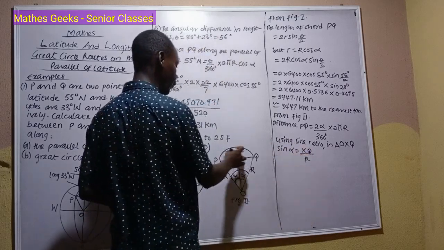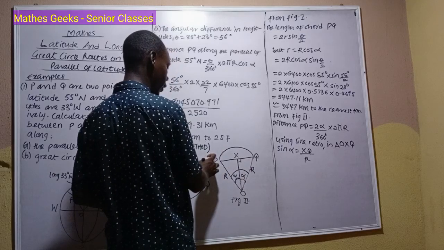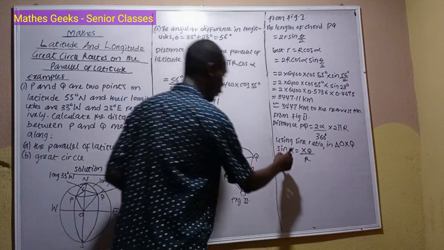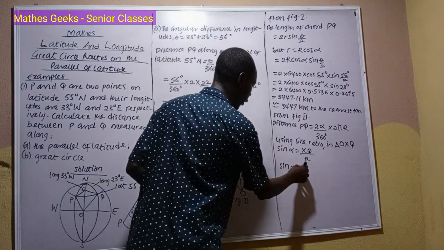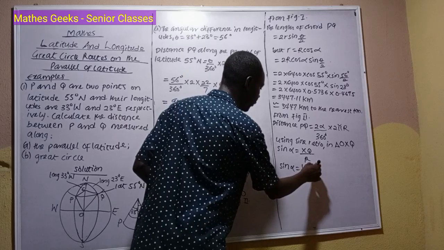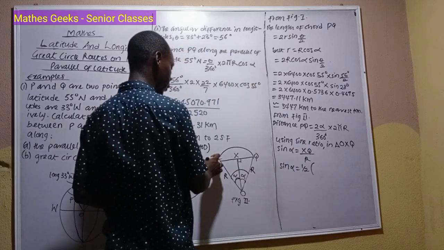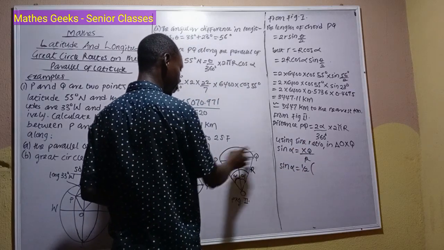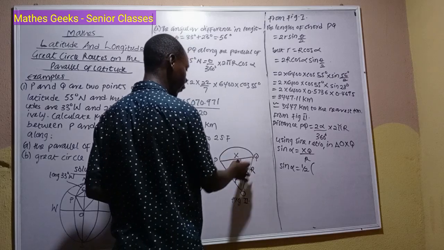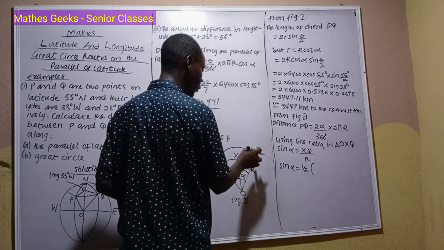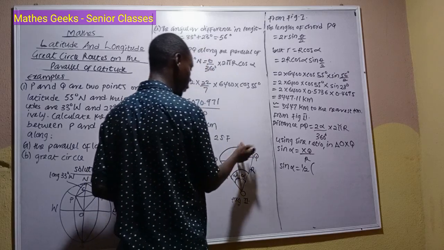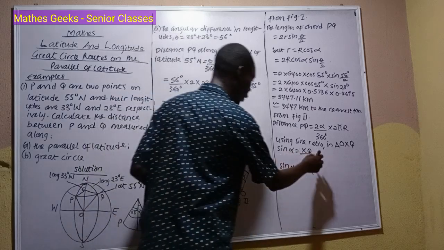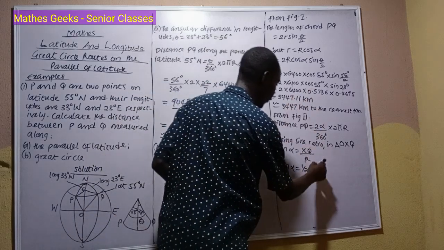But XQ is half of the total length of chord PQ. So to get XQ, we divide the total length by 2.